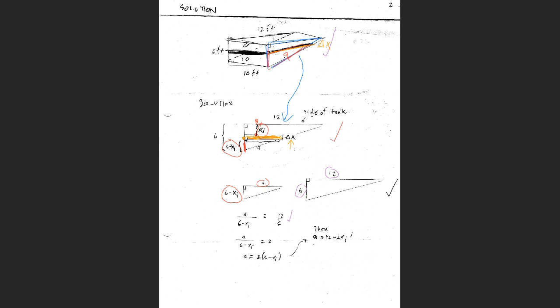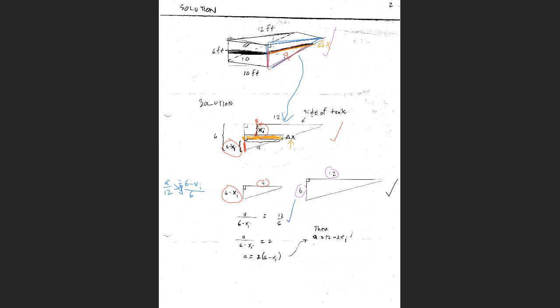You could have A over 12 equals 6 minus x sub i over 6. Sure. If you think about cross multiplying, the proportion's the same as this proportion. Oh, okay.